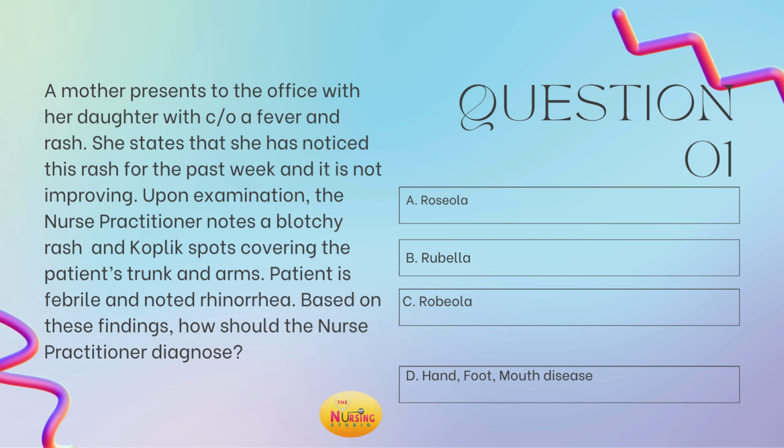Rubella is aka German measles, and this is the one that has the maculopapular rash that starts at the face and spreads down to the trunk, right? So remember, rubella is German measles, rubeola is the measles, and we have the measles, mumps, and rubella vaccine for rubella and rubeola, okay? So when in doubt, know that you have vaccinations for those, okay?